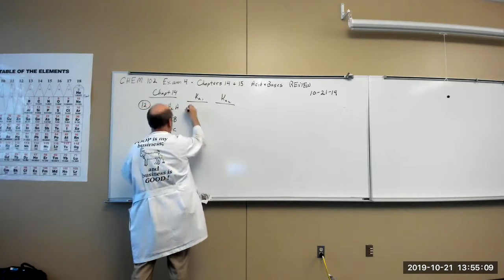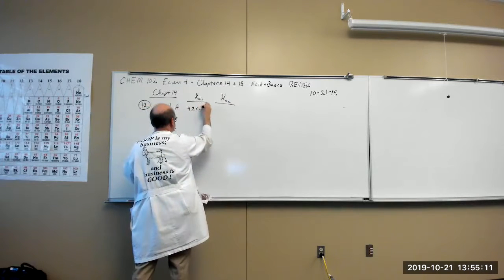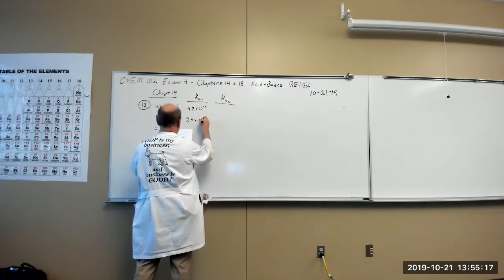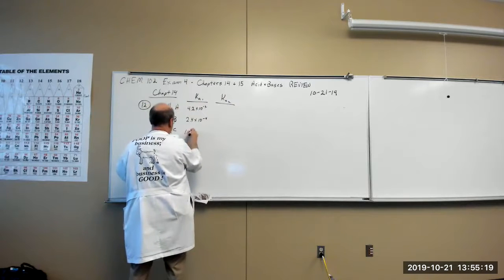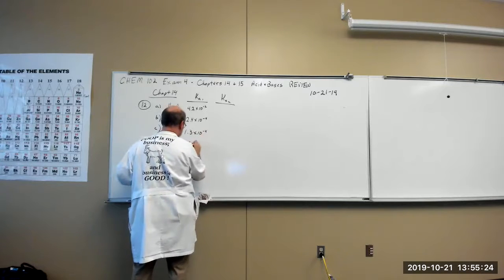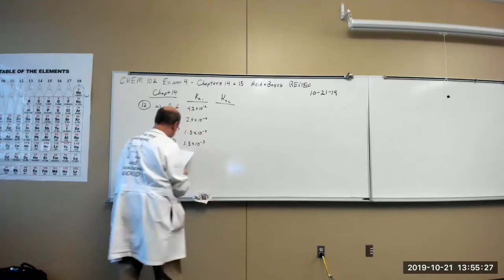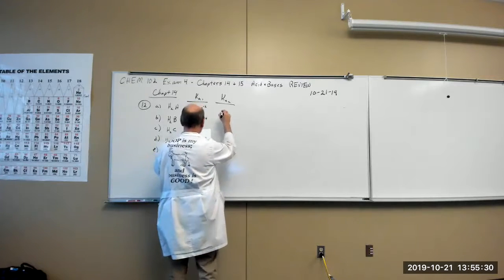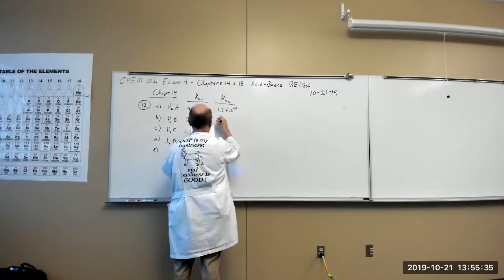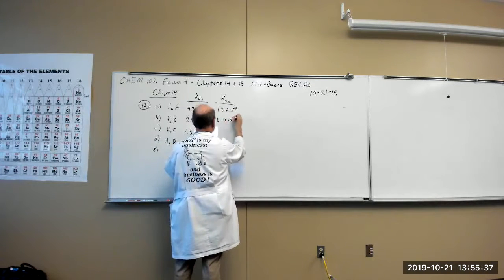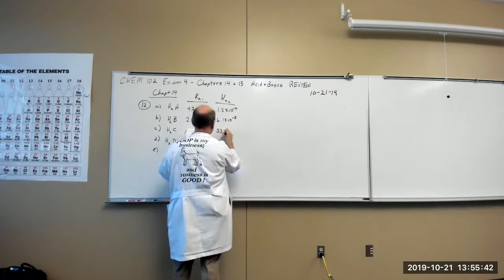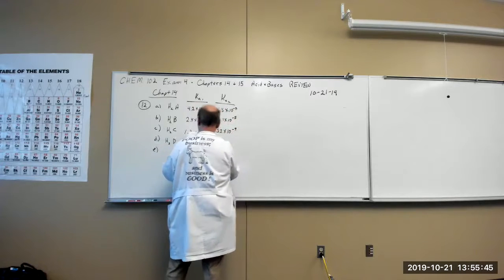Save us some writing. 4.2 times 10 to the minus 2. 4 times 10 to the minus 4. 1.3 times 10 to the minus 4. And 1.8 times 10 to the minus 3. Then the second dissociation: 1.8 times 10 to the minus 7. 6.1 times 10 to the minus 8. 5.2 times 10 to the minus 9.